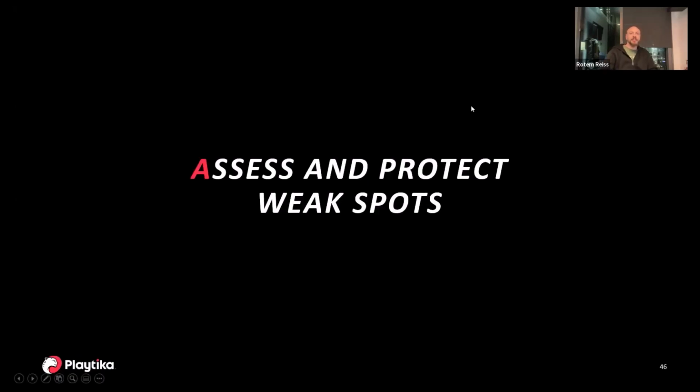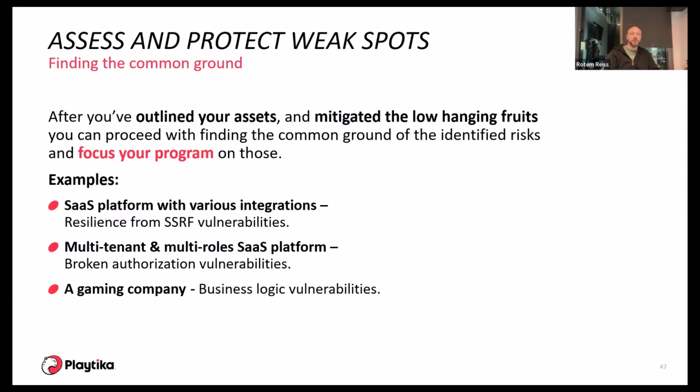Next, assess and protect your weak spots. Until now, we discussed the low-hanging fruit and how to outline all the assets that we have. Now we need to be smarter and understand what the weak spots are at our company. Let's take a few examples of how I can focus my program on the right stuff.